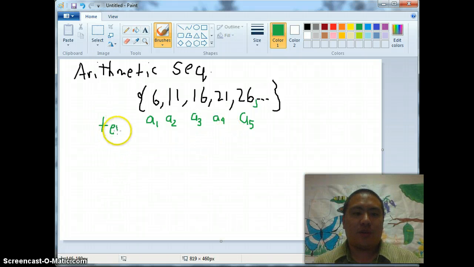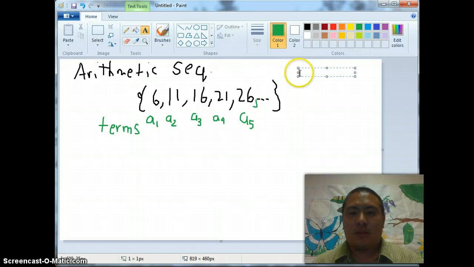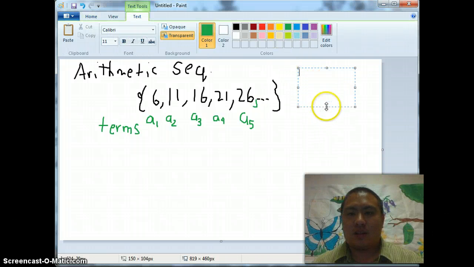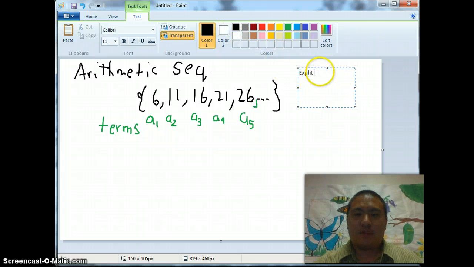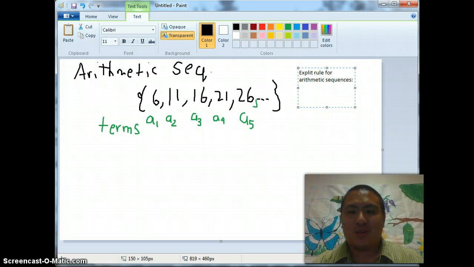So if I'm looking for the first term, it would be a sub 1, and I know that a sub 1 is 6. The arithmetic sequence for this, if it's explicit, we need to write it like this, and I'm going to use the text box so it's easier. Explicit rule for arithmetic sequences.